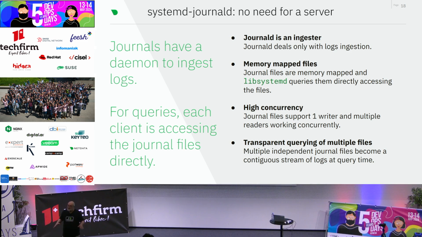The files are designed to be memory mapped. And the good thing with this is that it has high concurrency. It utilizes the caches of the system. But it also provides the ability to transparently query any files that are there without limits. So, let me go to the next slide because I think you are going to understand it better.